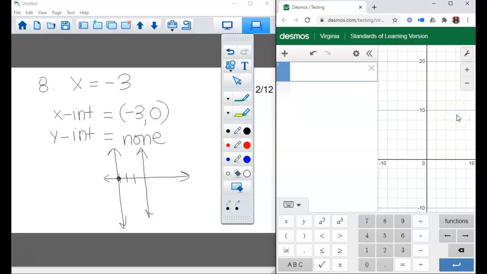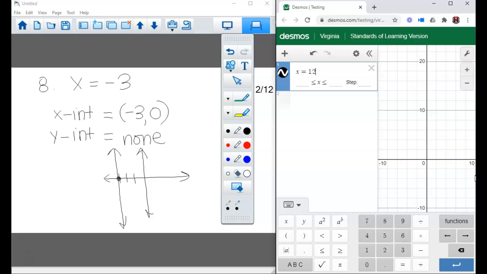Let me say one more thing about this. Let's say that my line was x equals 12. When I get x equals 12 typed in, I don't see anything over here, because -10 and +10 are my limits on the x-axis.